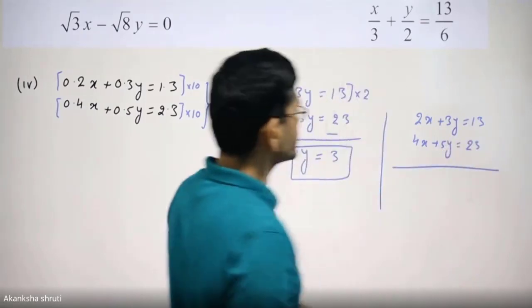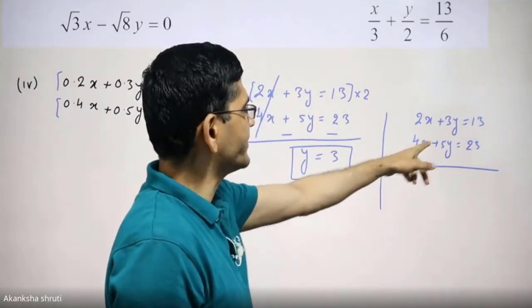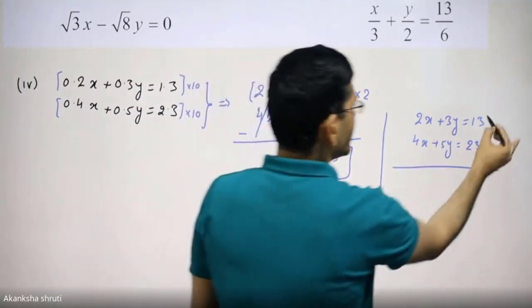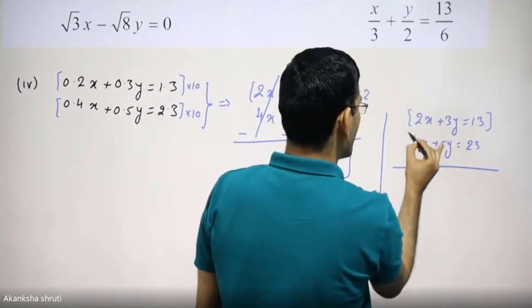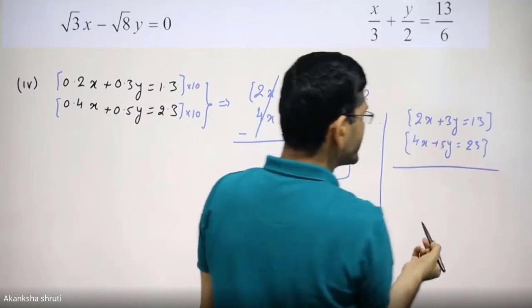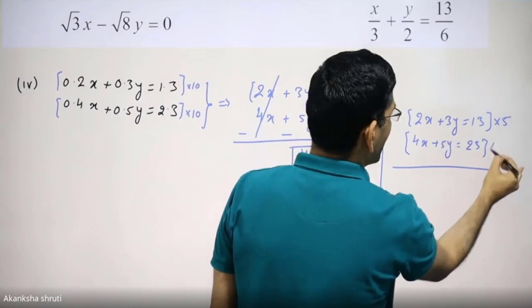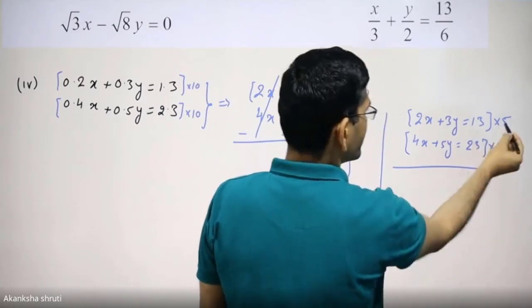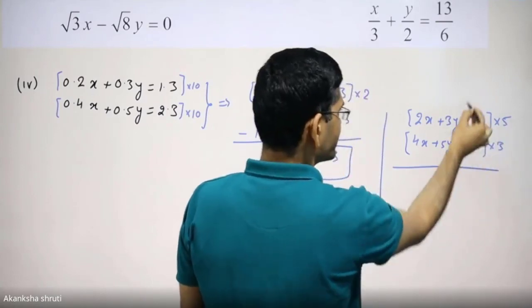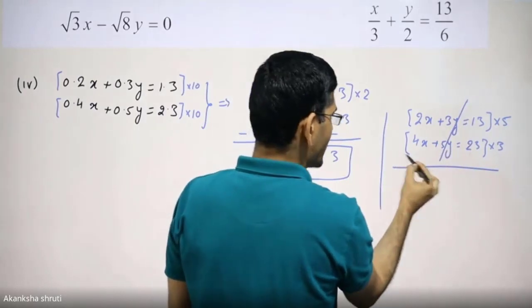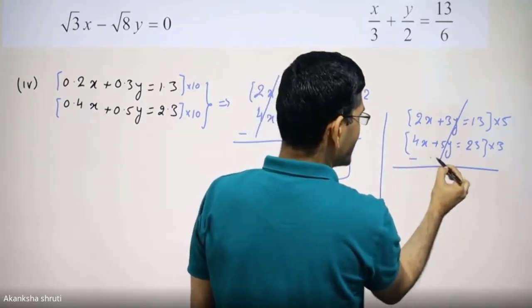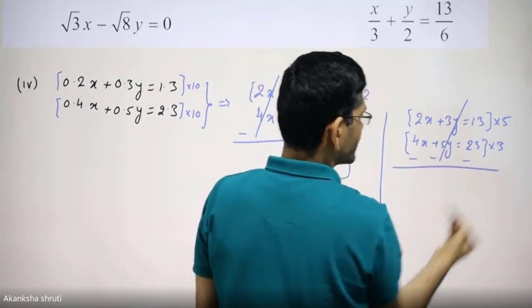Now we want to calculate the value of x, so we need to eliminate this y. But here we are getting these y are different in two equations. They can be equalized by multiplying the first by 5 and second by 3. 5 3s are 15, 3 5s are 15. This will get cancelled. For that we need to change their sign. Minus, minus, and this one also minus.